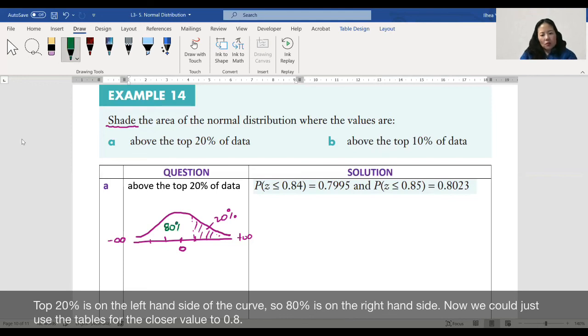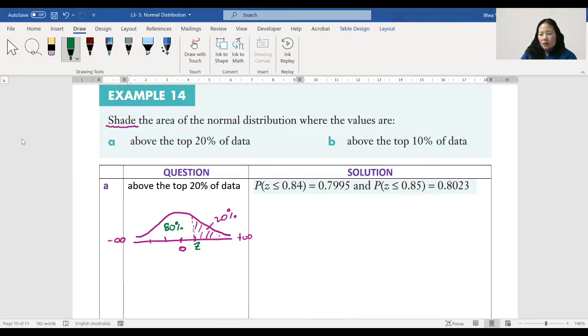Okay, so we need to find that Z score, where it's going to start. They're giving us that 20% of the area. So let's have a look at that. So to find the A value, that it's going to give us the starting score that gives 20% of the area.